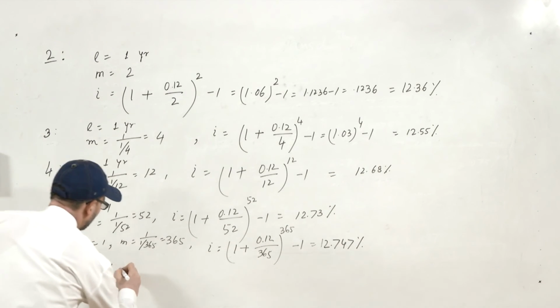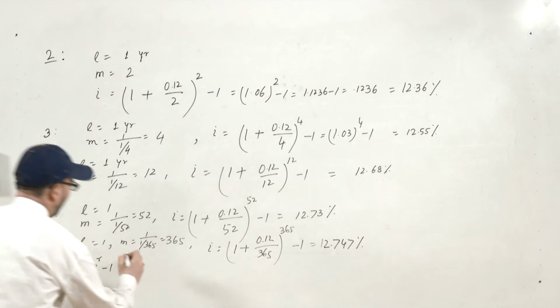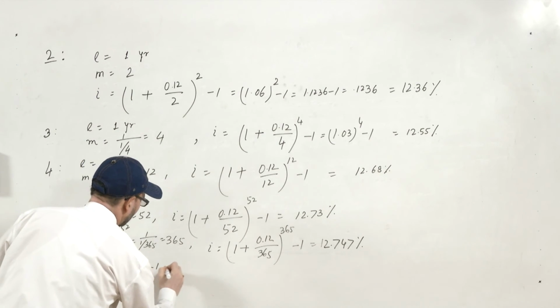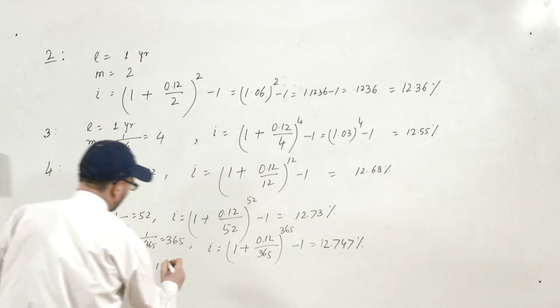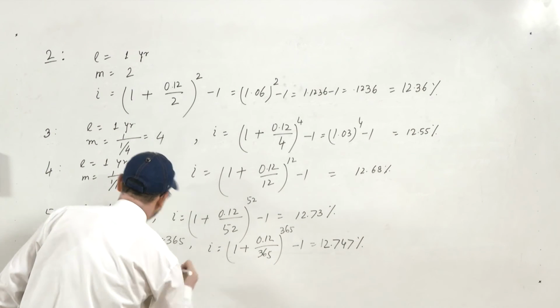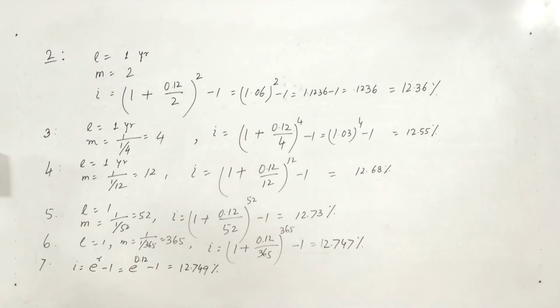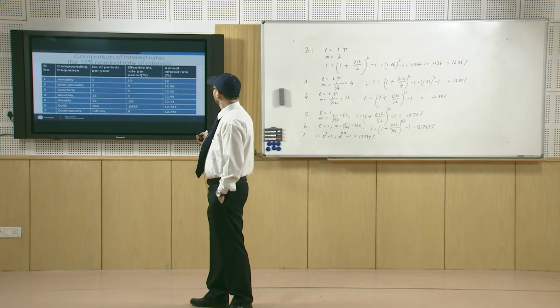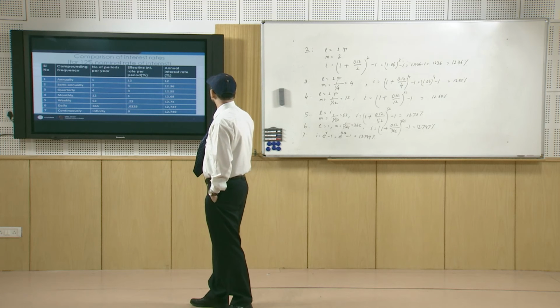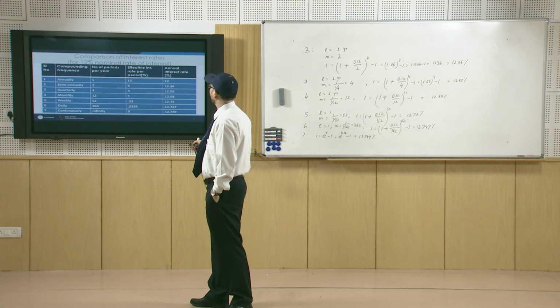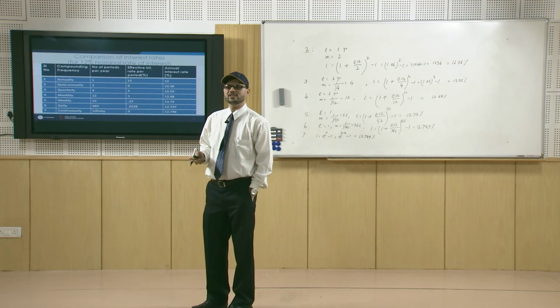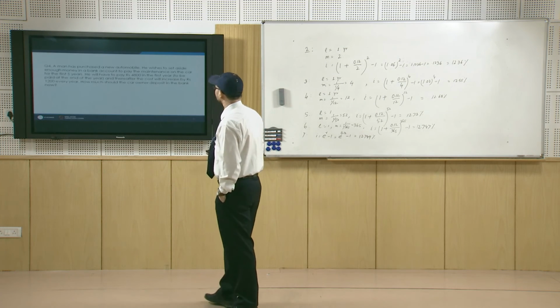So, exponential of 0.12 minus 1, and this comes out to be 12.749%. So, what we see is how you can calculate the different values of effective interest rate, and how the annual effective interest rate changes when the compounding frequency is changing. So, this we can practice.